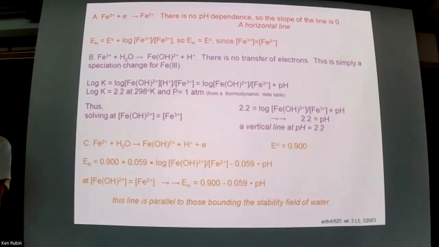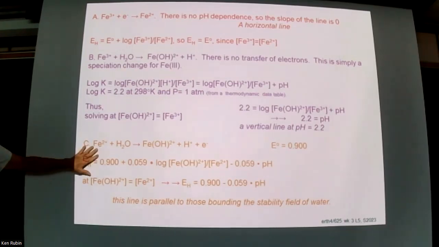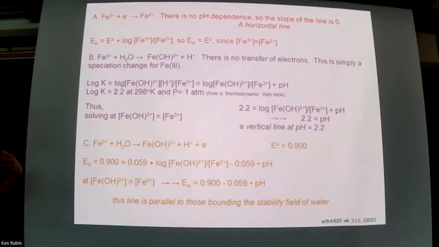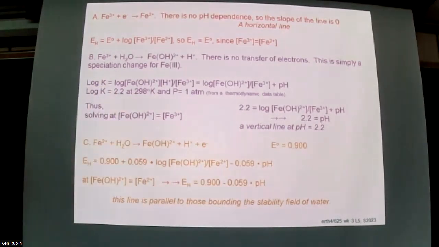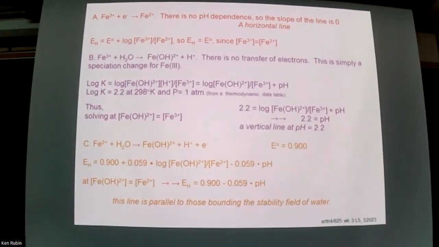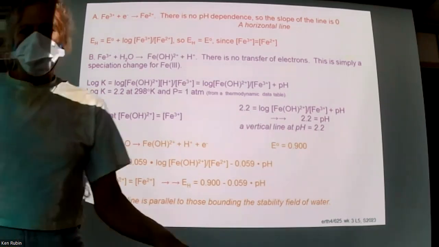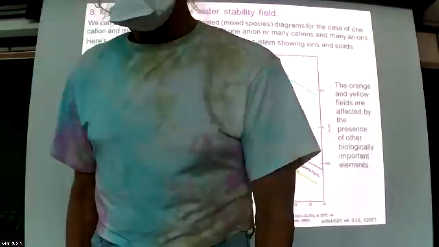You can see this written here, so it's not going to have a slope that's either horizontal or vertical. But these are three equations that can be rearranged into the units of either EH versus pH, or take the minus log of both sides and you can write them in PE versus pH. Just depends on what kind of diagram you're putting them on.